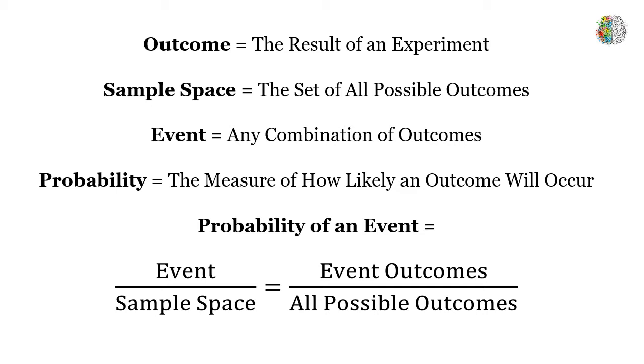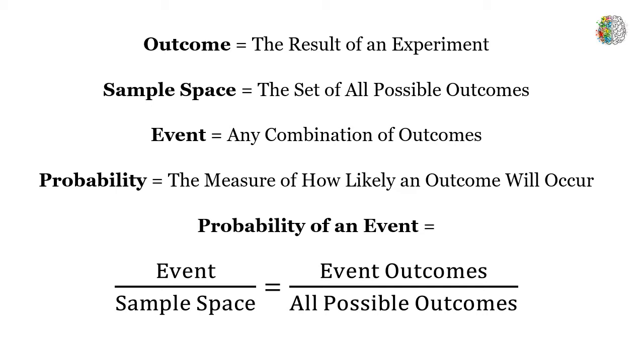Probability is the measure of how likely an outcome will occur. And a probability is always going to be a percentage. When we solve it, it will be a decimal and then we'll convert it to a percentage. So if we have a probability of 0, that means there's a 0% chance that it's going to happen, or another way of saying that is that there is no probability that it will occur, or it's never going to happen.